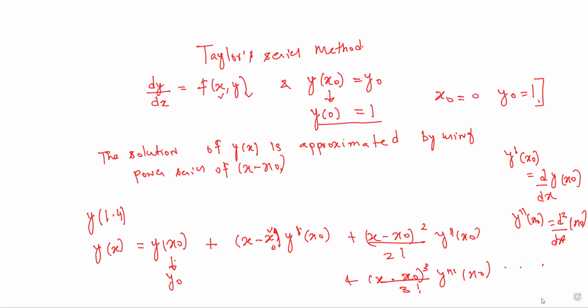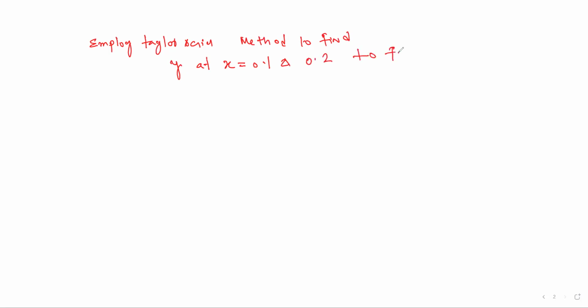Employ the Taylor series method to find y at x equal to 0.1 and 0.2, to four places of decimal, in a step size of 0.1.